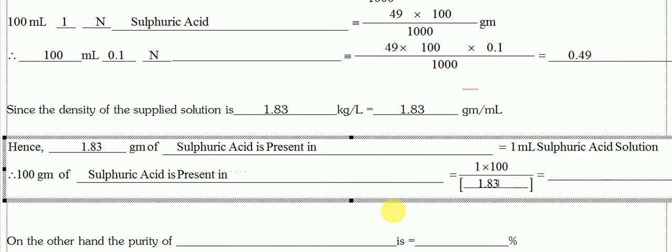We have omitted one line. 1.83 gram of sulfuric acid is present in 1 ml. That is why 1 gram of sulfuric acid is present in 1 divided by 1.83 ml of sulfuric acid, and the third line will be: 100 gram of sulfuric acid is present in 1 into 100 divided by 1.83. It is a very simple formula, so we have omitted the third line.